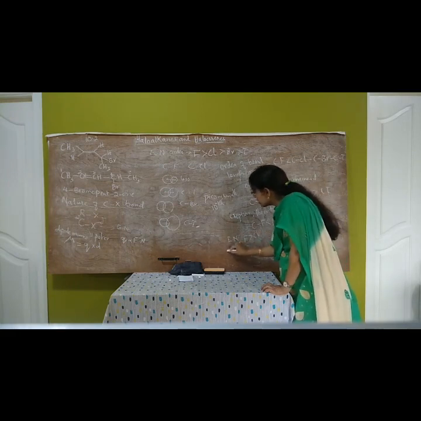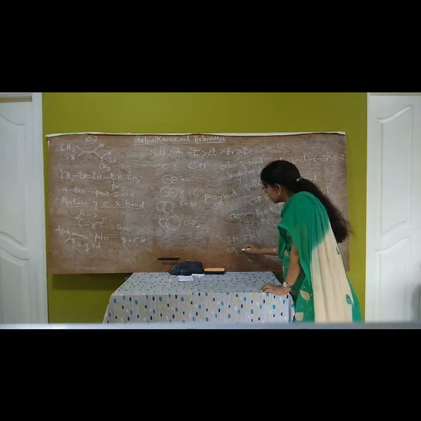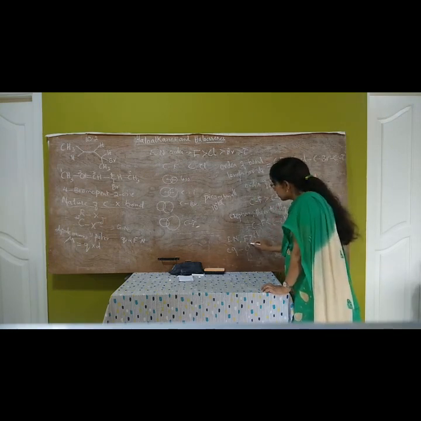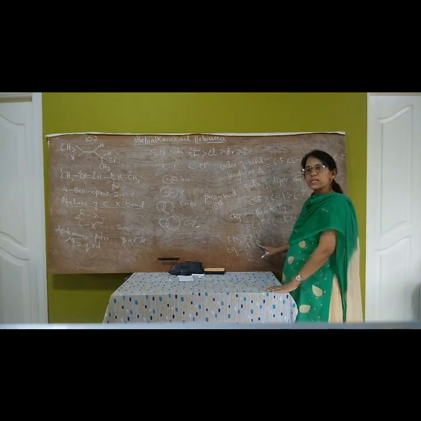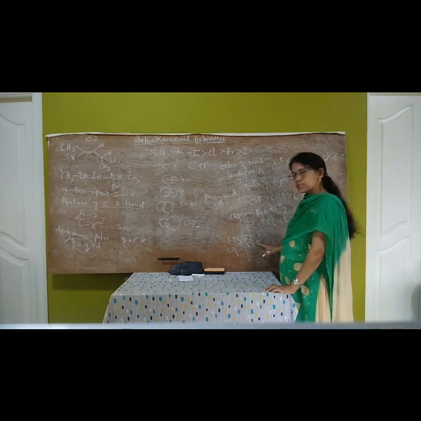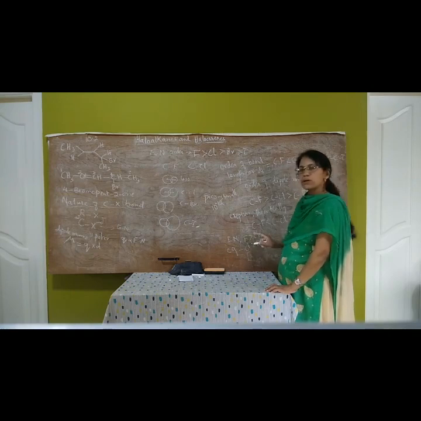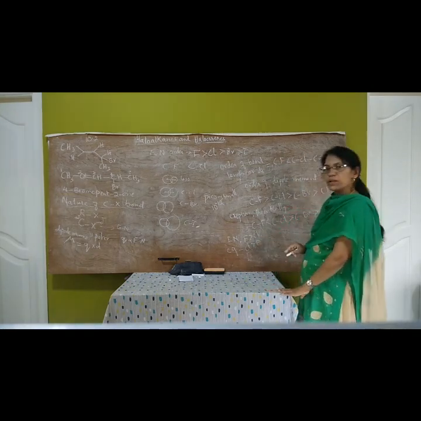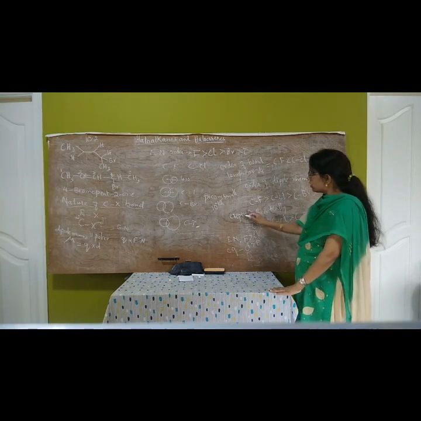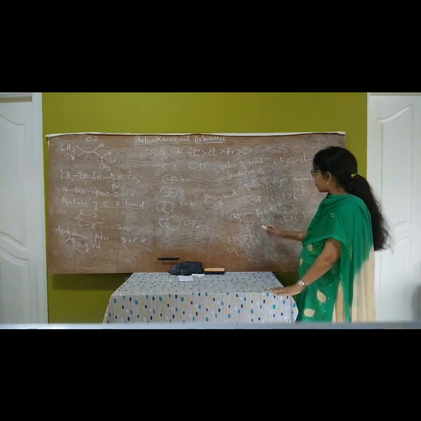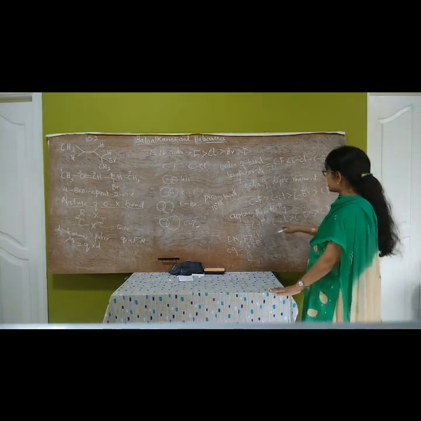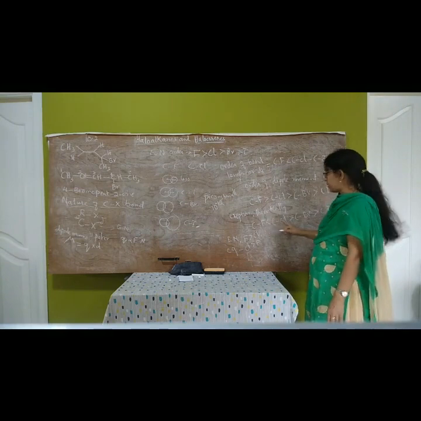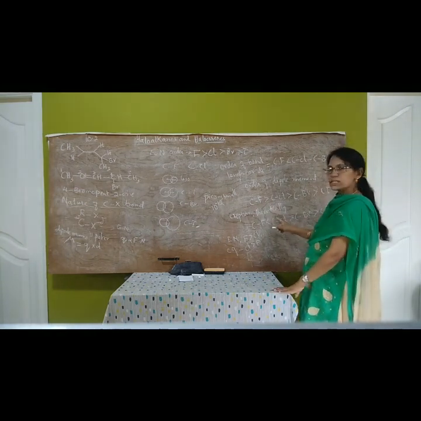But if we consider electron gain enthalpy, chlorine has more electron gain enthalpy than fluorine, because fluorine is very small in size and there is inter-electron repulsion in it. So you have to concentrate on these exceptional concepts. This becomes an important concept for your exam. So this is actually the order of mu, that is dipole moment.